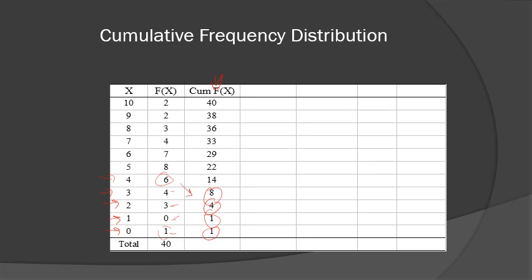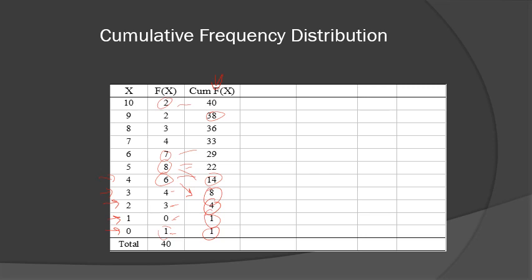Let's look at 4 now. 6 plus 8 is 14. From here, 8 plus 14 is 22. 7 plus 22 is 29. All the way up to the 2 at the top plus the 38 here is 40.